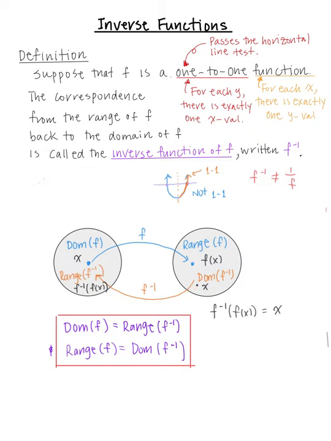The notation for that will be f inverse of x. Now what we're going to do is take our function f and bring this f inverse of x back into the domain of f inverse, or the range of f.